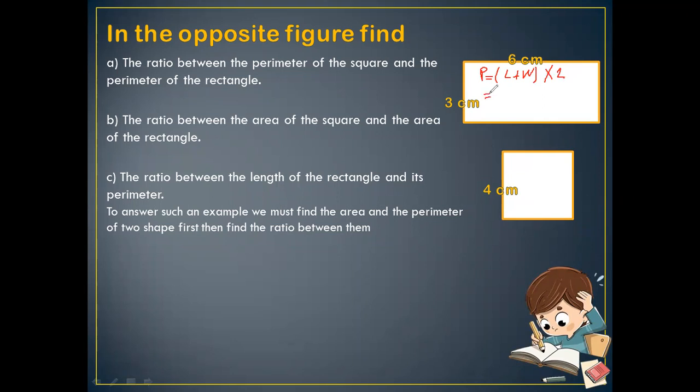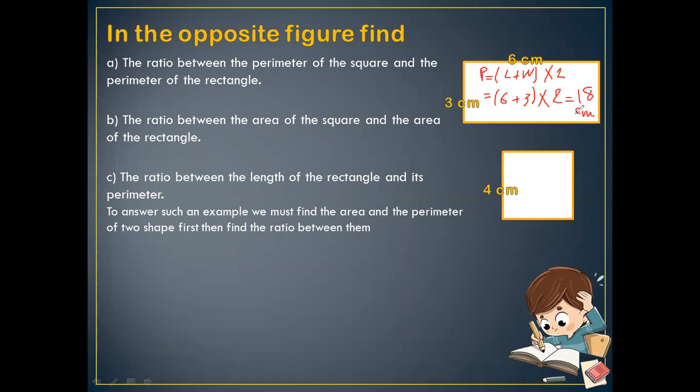So it will be 2 times, we have here length is 6, so we have 6 plus 3, times 2. 6 plus 3 equals 9, 9 times 2 equals 18 centimeters.